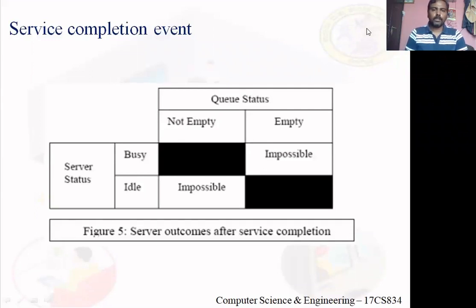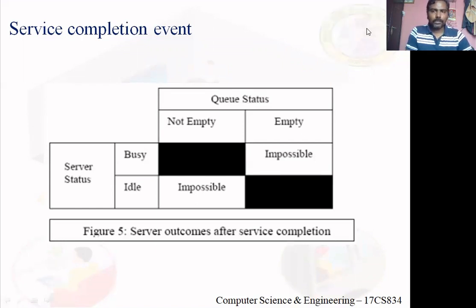Got it? Now departure happens. The customer departs from the bank, but the queue is not empty, meaning at least one customer is waiting in the queue for service. Can the server be idle?